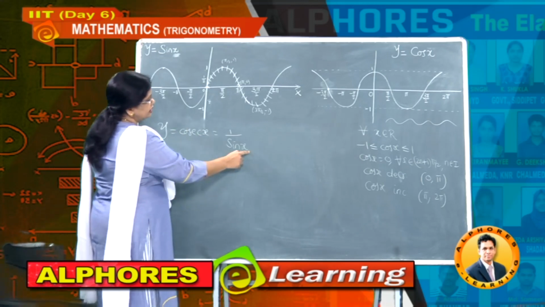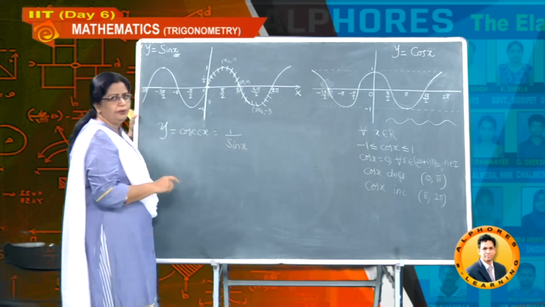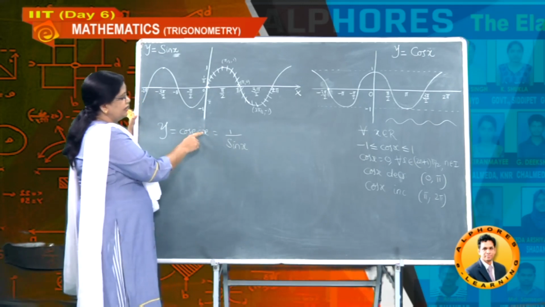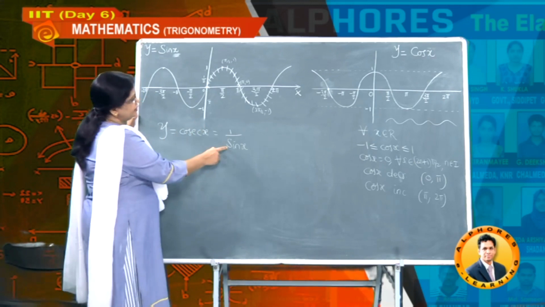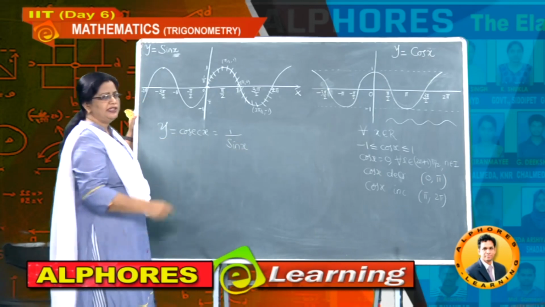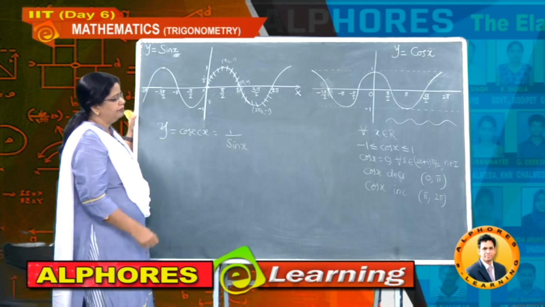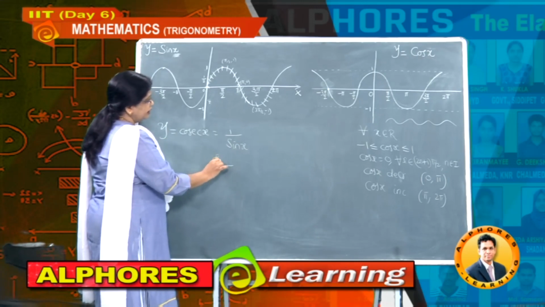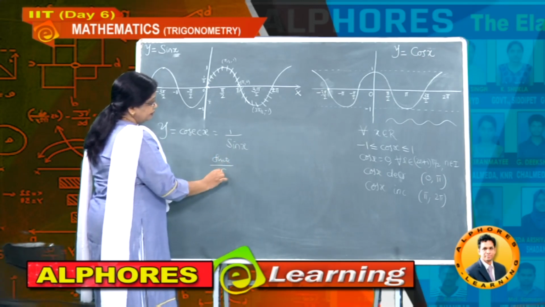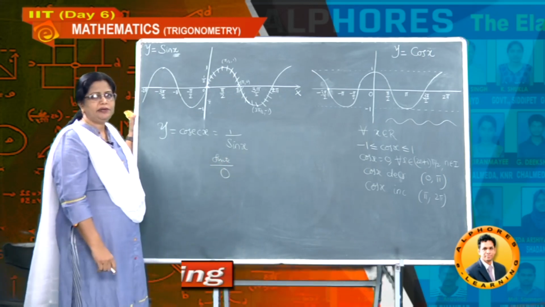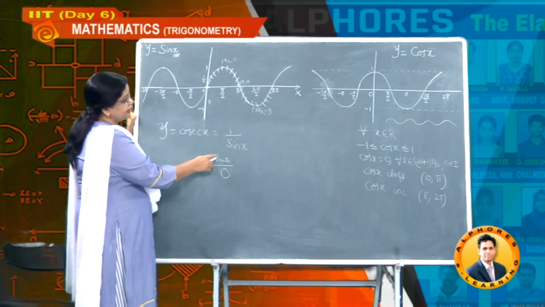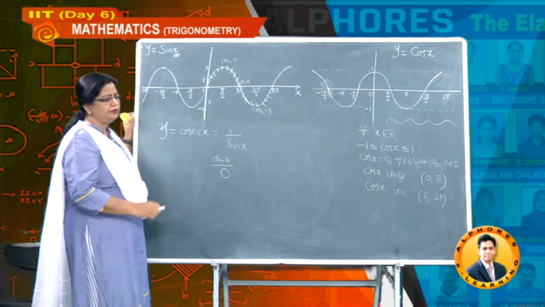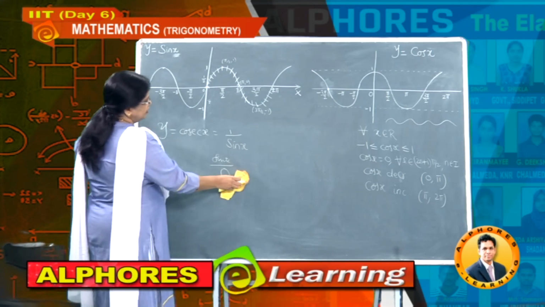Where sin x is not equal to 0, at those values only it is defined. Whenever sin x is 0, cosecant x cannot be defined, because all of you know 1 divided by 0, or some finite value divided by 0, is an undefined quantity. That is why sin x should not be equal to 0.